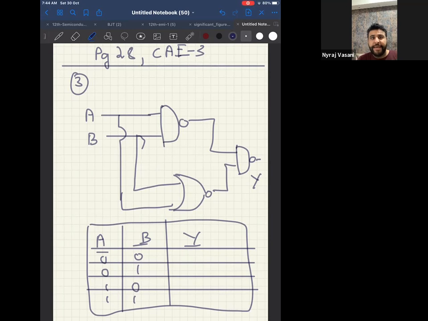So title, tell me which gate is it? Looking at the output of the truth table, tell me which gate do you get?